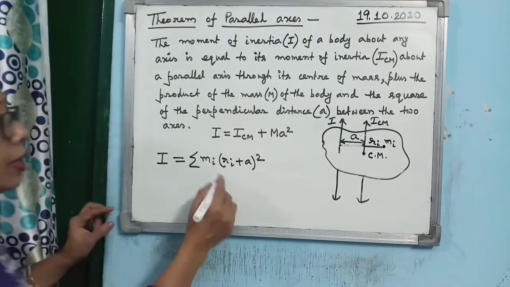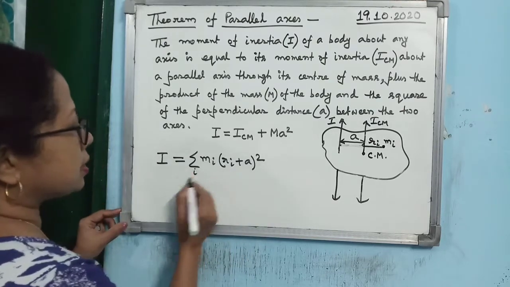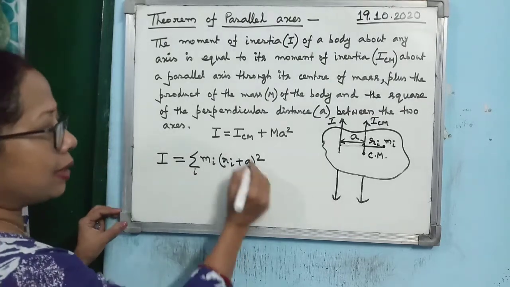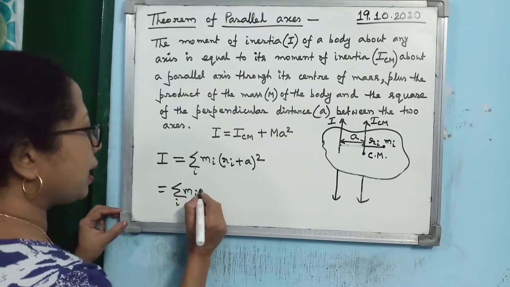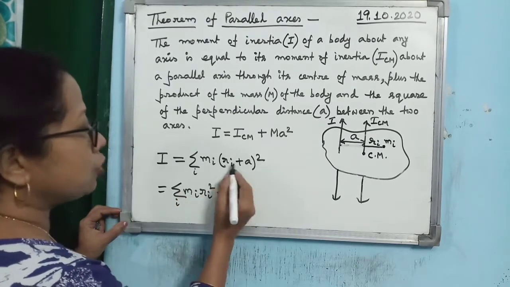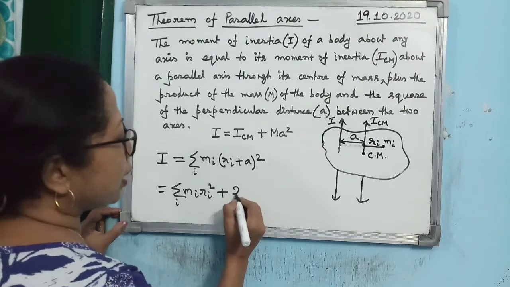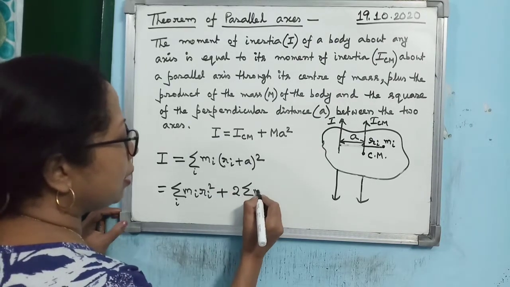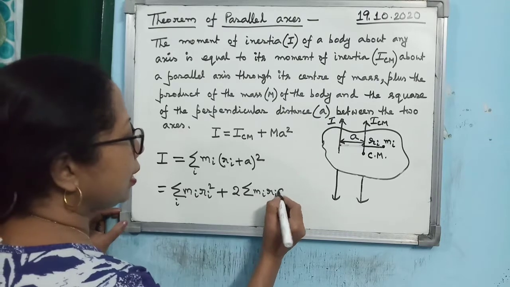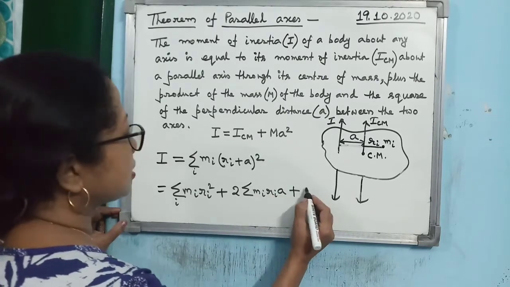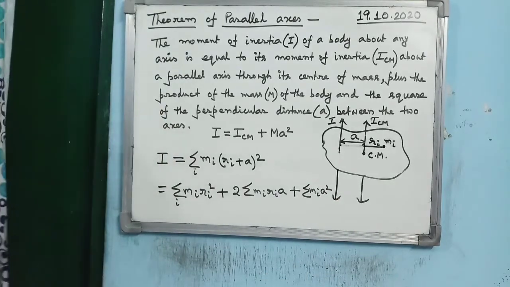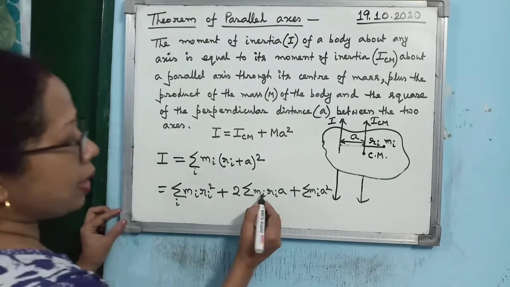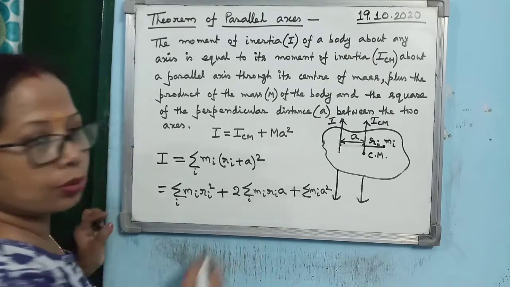Is that clear? Now you expand it. This summation is over i. Now you expand it, (a plus b) whole square. You can write it as sigma mi ri square, then it will be 2 ri a, so you can write 2 sigma mi ri into a, plus sigma mi a square. Is that clear? Now sigma mi ri is 0.